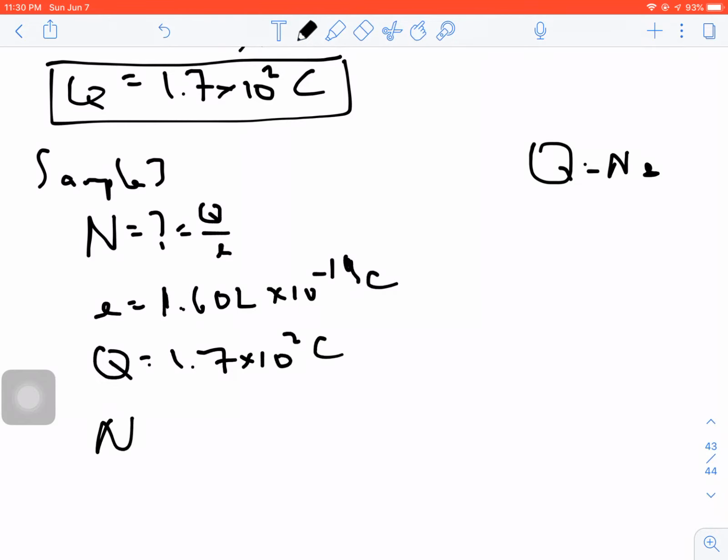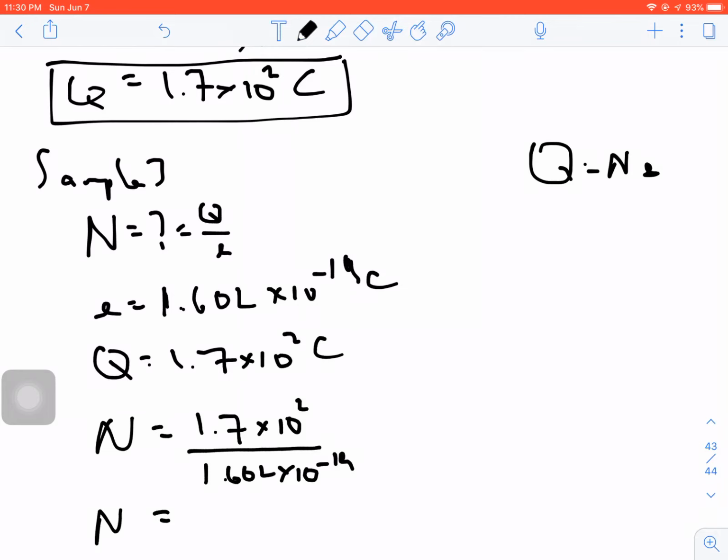So I can find N now by taking my Q, 1.7 times 10 to the 2, which is Q divided by my elementary charge, 1.602 times 10 to the negative 19th, and I get N is equal to 1.1 times 10 to the power of 22 electrons.